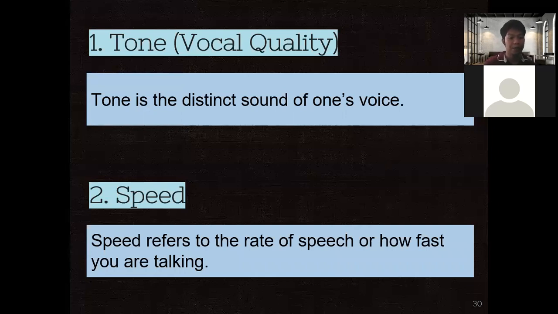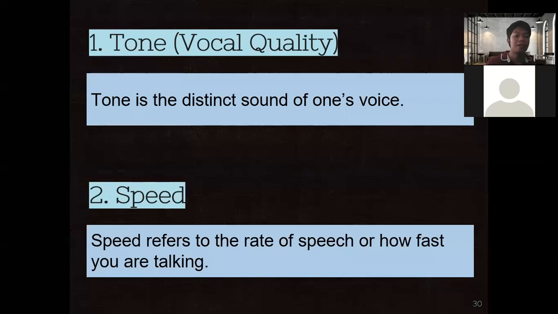Next one is the speed. Speed refers to the rate of speech or how fast you are talking. So sometimes when we are nervous, we speak in a fast manner. That's why our current condition can also be manifested in the way we talk, how fast or how slow.